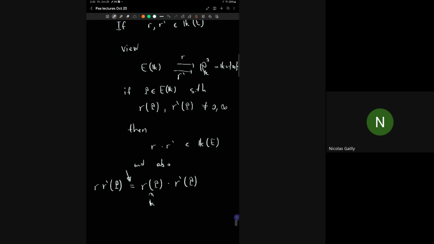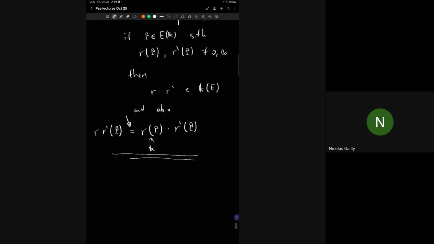But using this result, we can deduce a kind of calculus of divisors, namely that the divisor of a product is the sum of divisors. And the divisor of a quotient, if this quotient is well defined, I mean, if R prime is not the zero rational function, is the difference of the divisors.